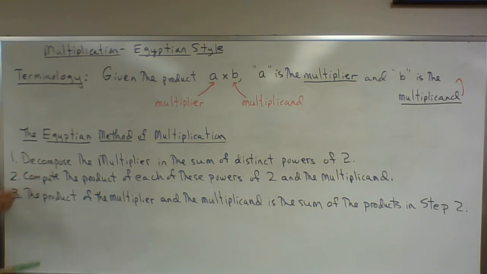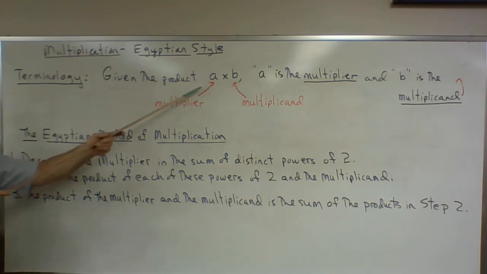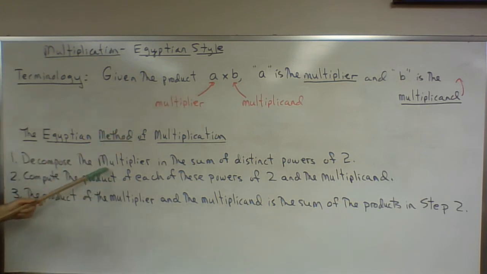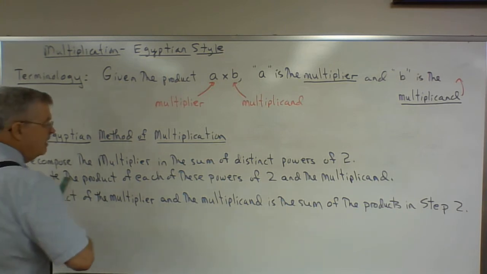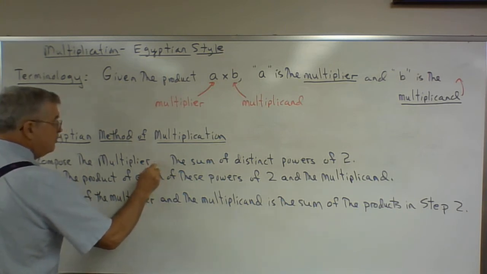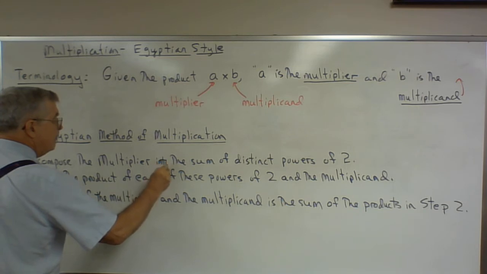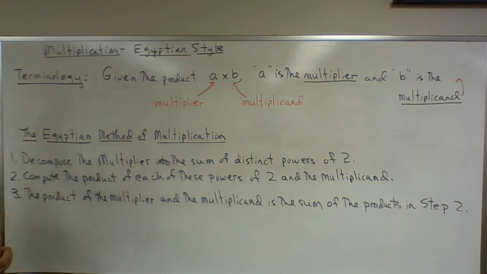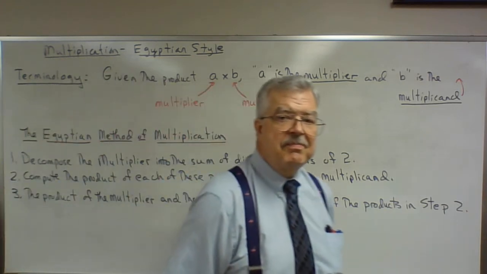First step, decompose the multiplier, that's this guy. Decompose the multiplier into the sum of distinct powers of 2. Can we always do this?